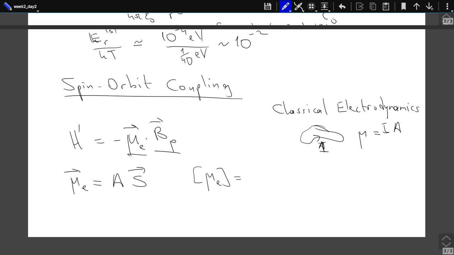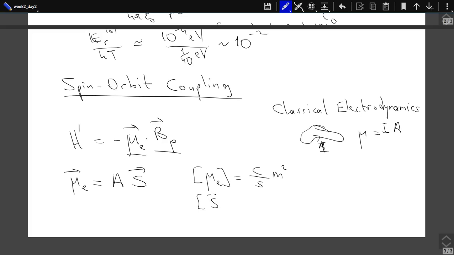So the unit of the magnetic dipole moment will be ampere, which is coulomb per second, times area, which is meter squared.